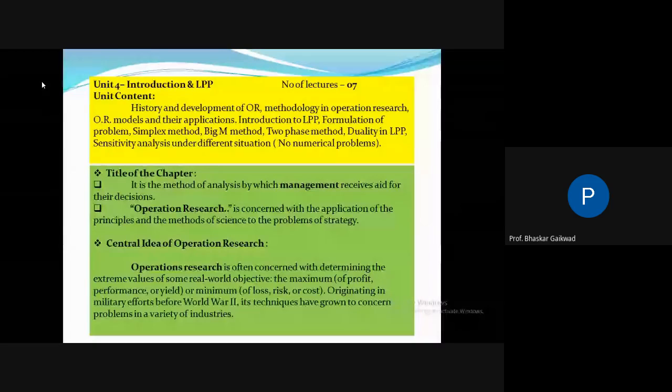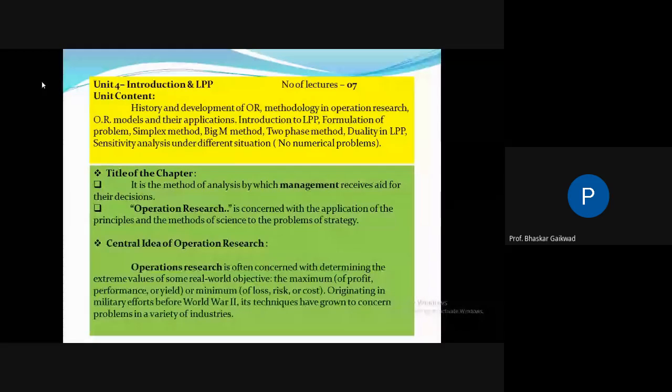In short, OR originated in World War Second, when the USA and English armies had certain problems to solve and used this technique.